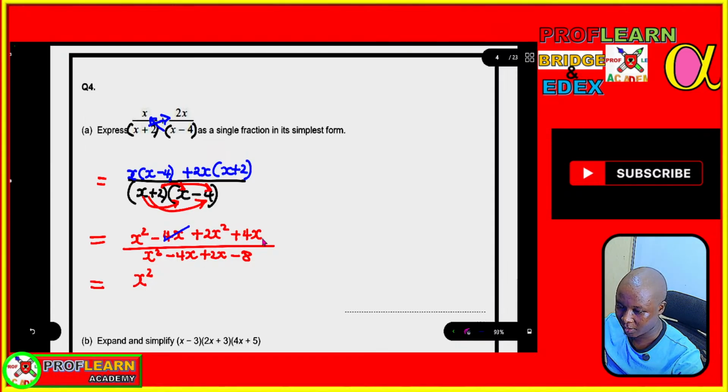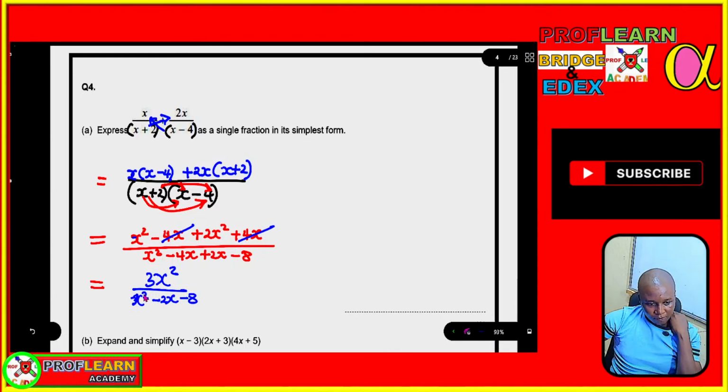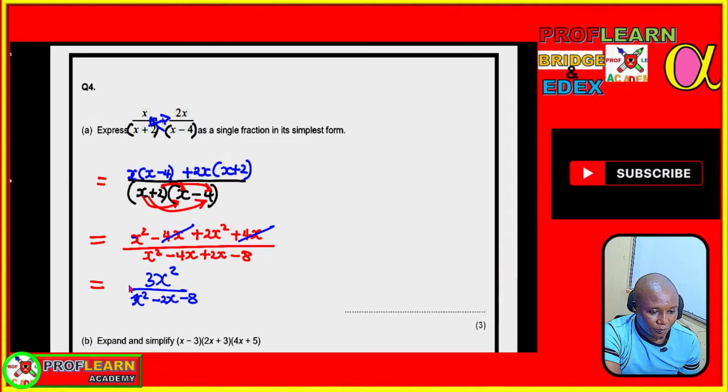If this part and this part cancel out, this is going to be 3x squared over x squared, minus 2x minus 8. So basically that's what our expression is going to reduce to.